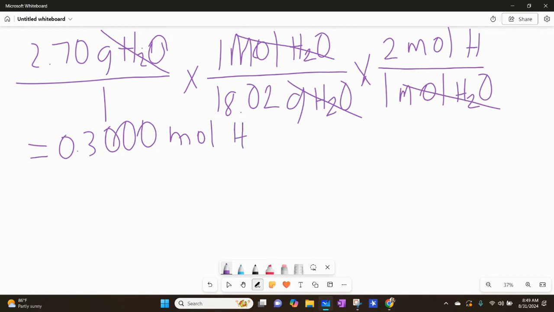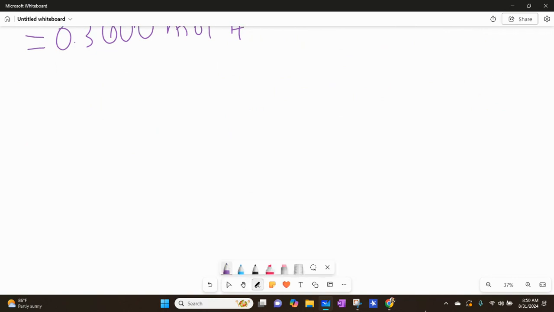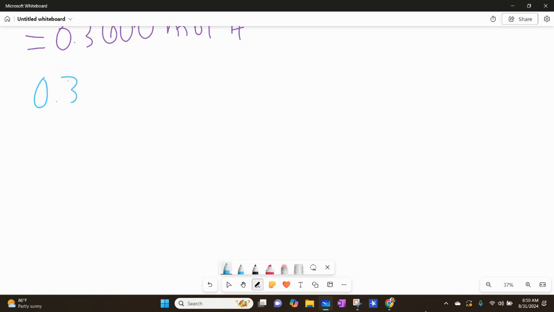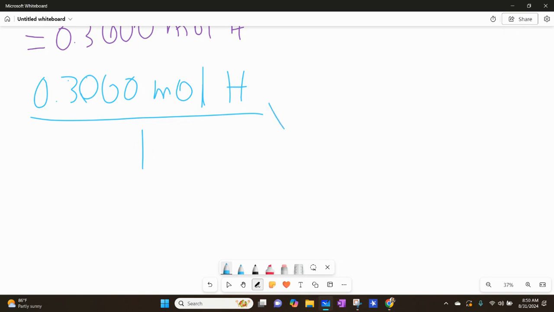Now we're going to take those moles, 0.3000 moles of hydrogen, and we are going to put that over 1, and multiply by 1.008 grams of hydrogen over 1 mole of hydrogen.